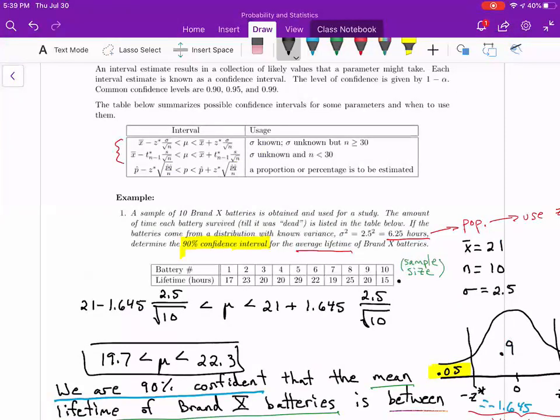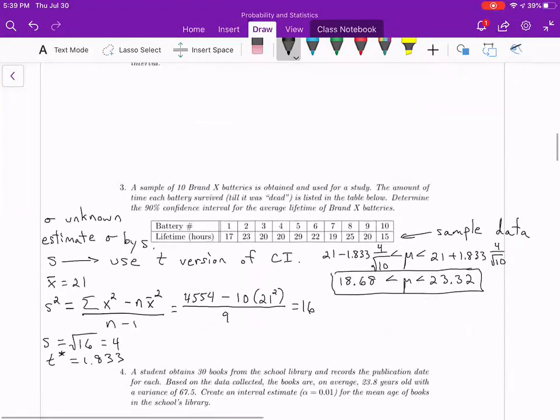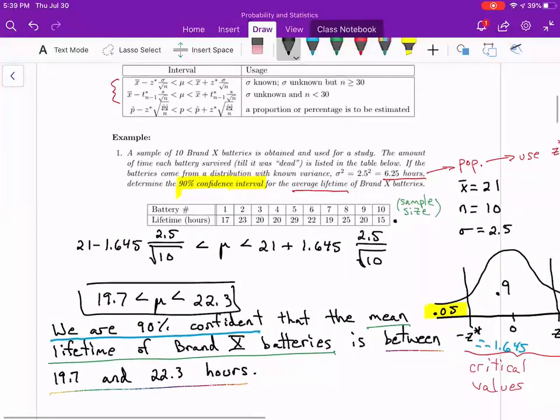And that impacted which critical value table we use. When we did know it and we used a critical value of 1.645, we got one answer. And when we didn't know the population standard deviation, we had a larger critical value. That's because in number one, the only thing being estimated was x bar.